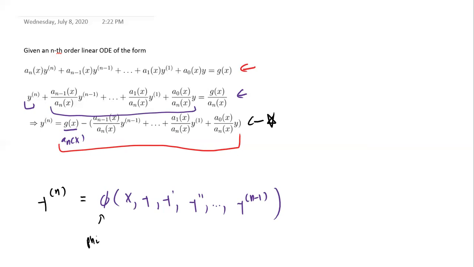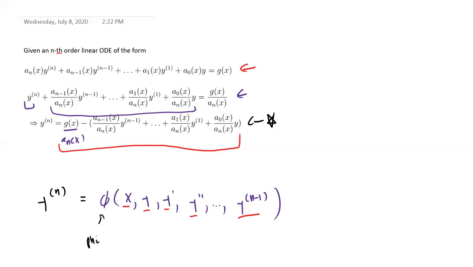I'm not necessarily interested in knowing that it has this exact form, just what variables are involved there. For example, if you look at this part that I underlined in red, what can you see there? Well, you can see the variable x, you can see the variable y, the first derivative of y, the second derivative of y, all the way to the (n-1)th derivative of y.